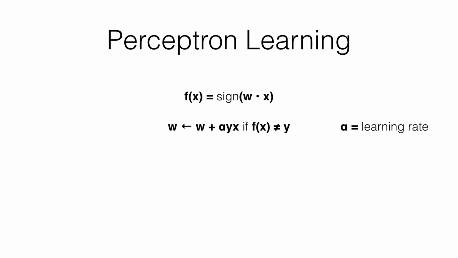And then we update with this simple rule that just says if we're wrong, we add to our weight vector y times x, or we can optionally add a learning rate so we maybe don't jump as much as we did in the visualizations on the previous slide. We could make alpha 0.1, so we're more smoothly moving around the space of possible w's.